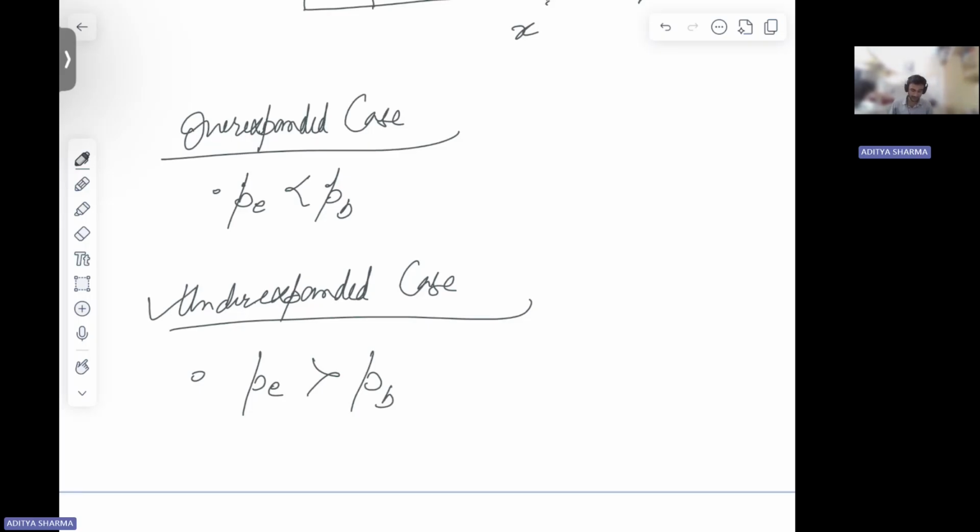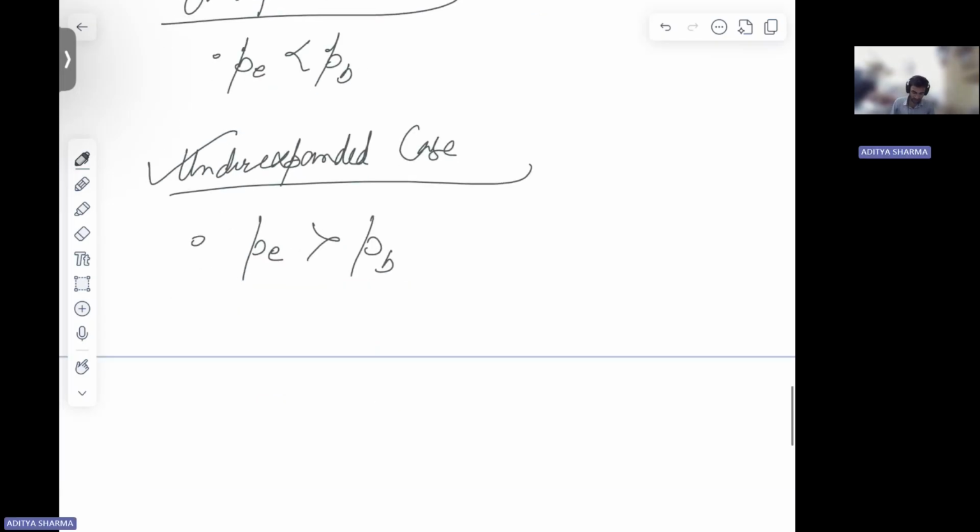That is why we say that it is underexpanded. It hasn't expanded fully. So this is your underexpanded case.